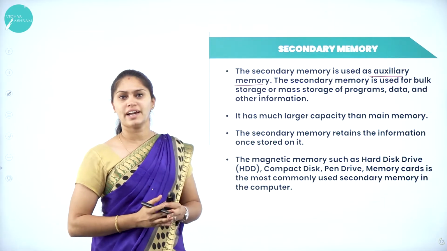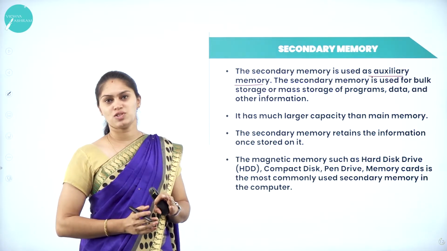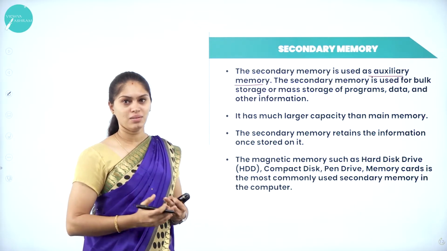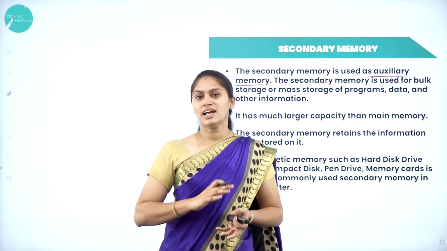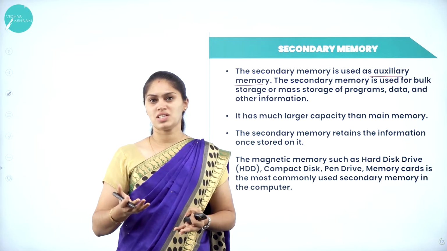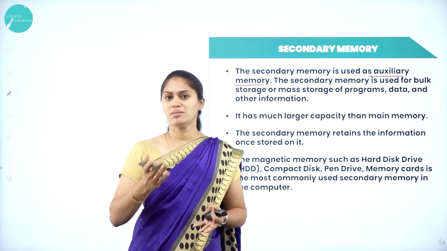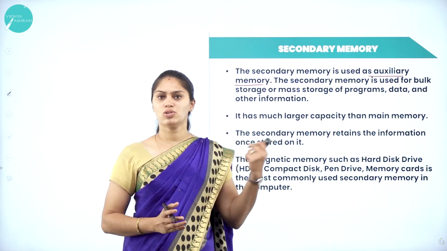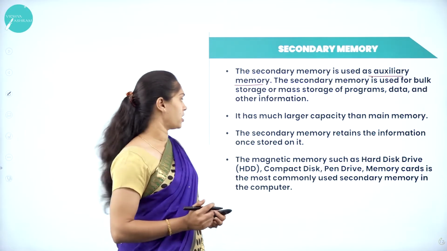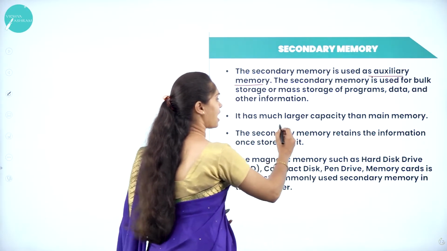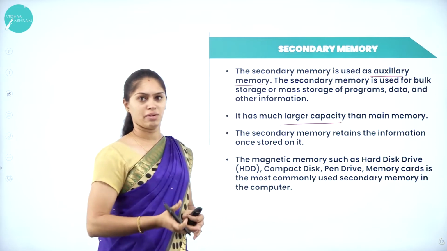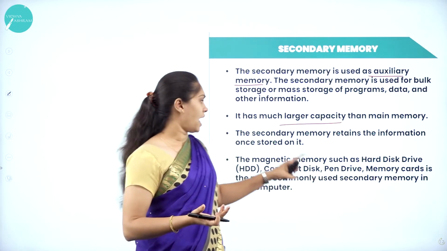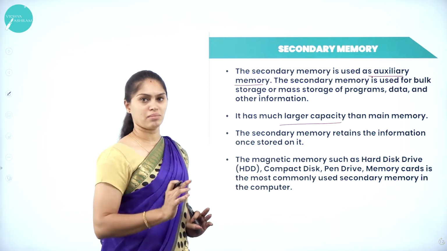Why do we require this kind of memory? It is mainly used to store a bulk amount of data, large amount of data or mass data. That means the data, instructions or information will be more than can be handled or held by the primary memory. At that time we need to go with this secondary memory. It has a much larger capacity than the main memory.